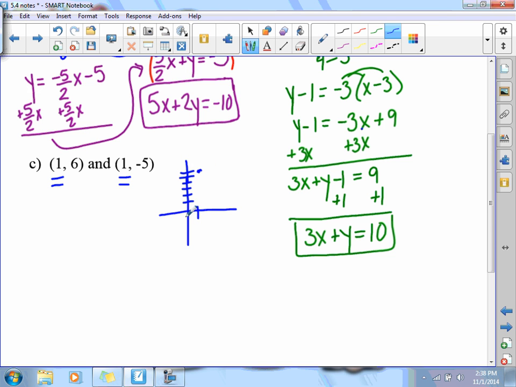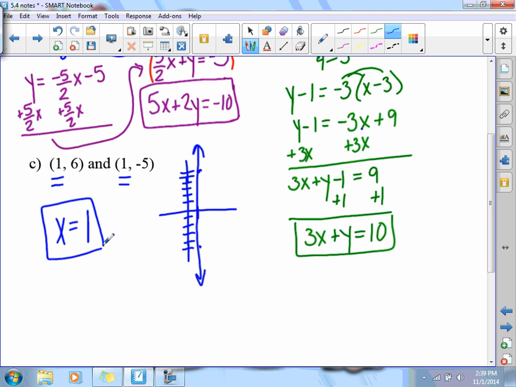And I'd have to go over 1 and down 5 to plot my second point. And there's supposed to be a line that goes through those 2 points. What kind of line is that? The vertical line. And vertical lines are always written as x equals. And in this case, it's going to be x equals whatever that number is. x equals 1. Okay?